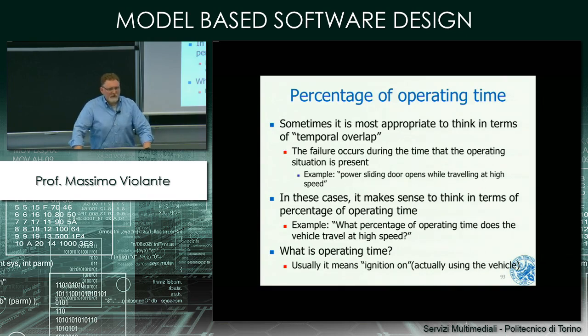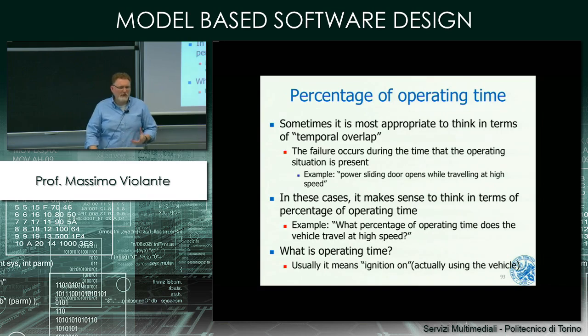Okay. So let's imagine that we have a vehicle with electric doors. So the door is controlled by an electronic control unit. You can have a failure such that the doors open while you are traveling. That is the hazard. The situation is traveling at high speed.